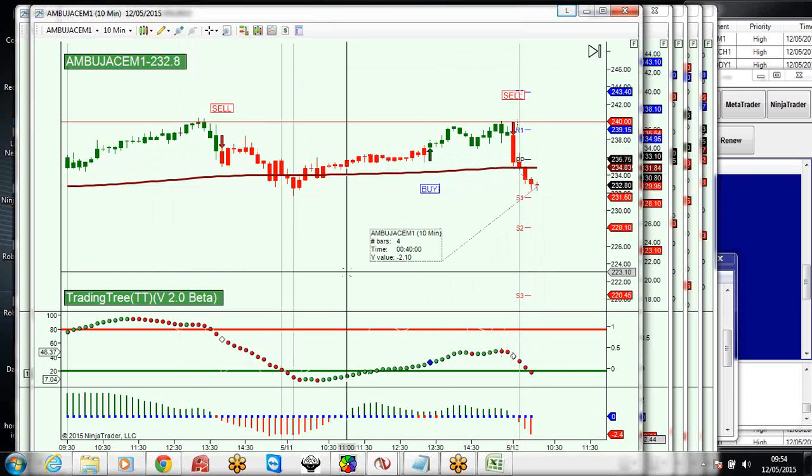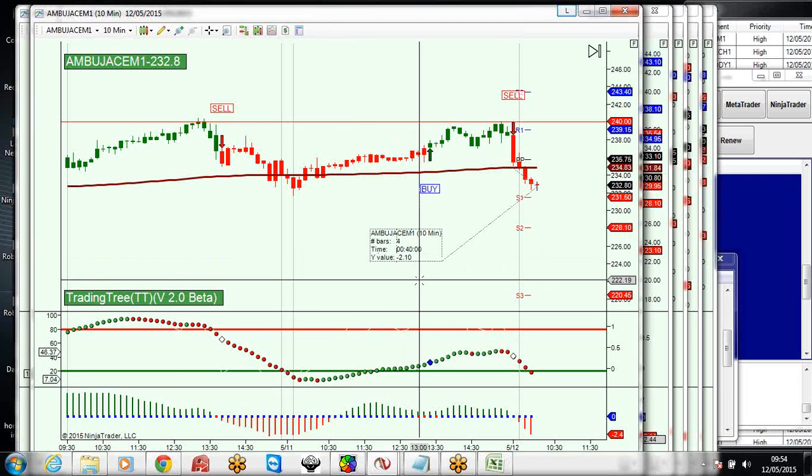So that's around 2,000 rupees in Ambuja. That will be the profit. The Y value is just multiplied with your lot size. You will get the profits.